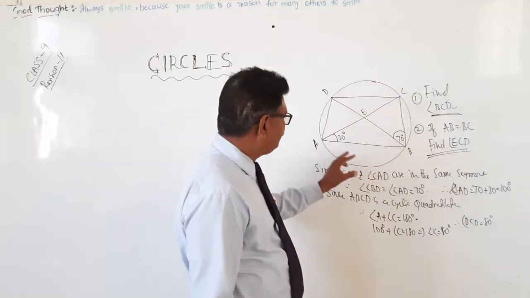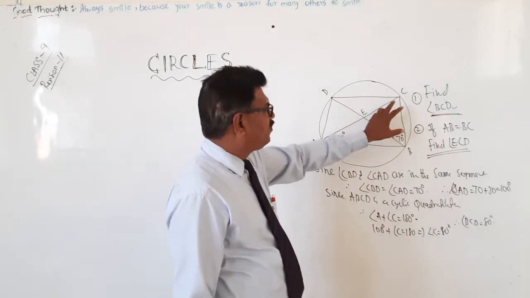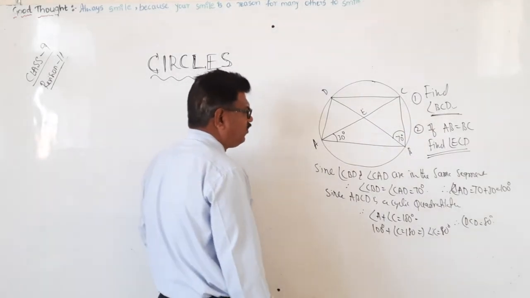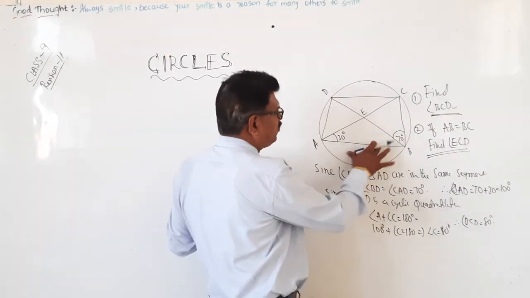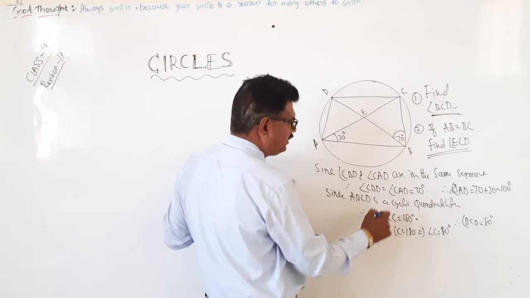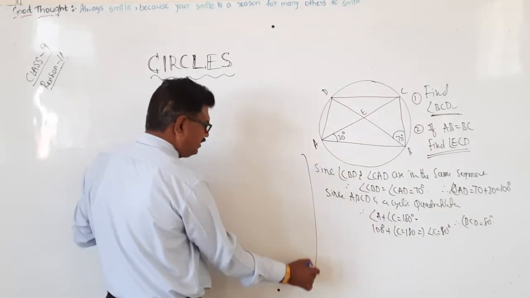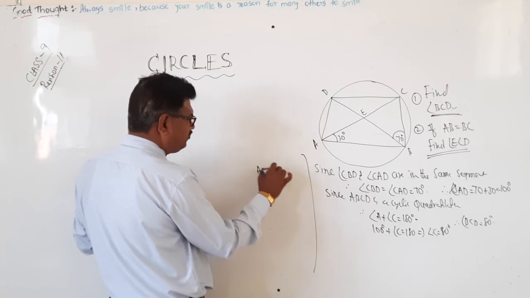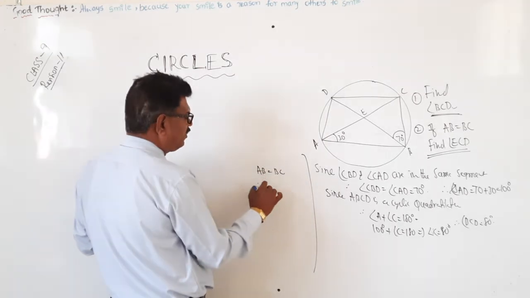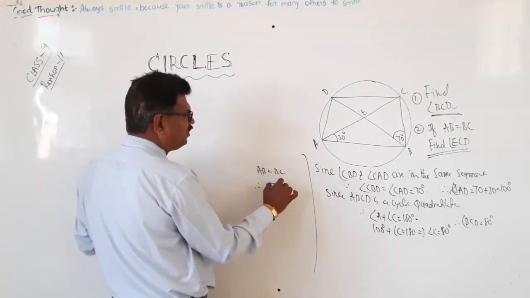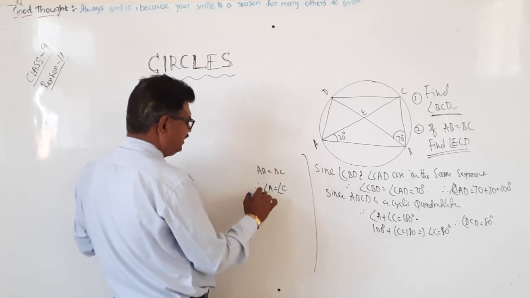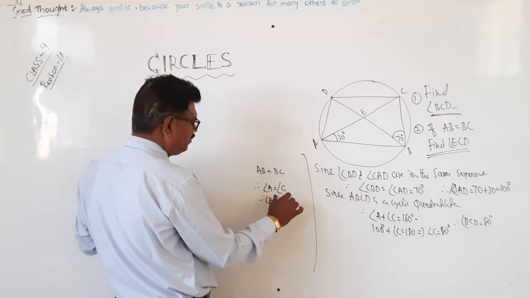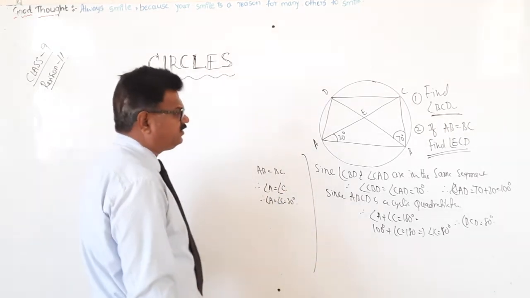That means angle A will be equal to angle C. Therefore, angle A equals angle C equals 30 degrees.